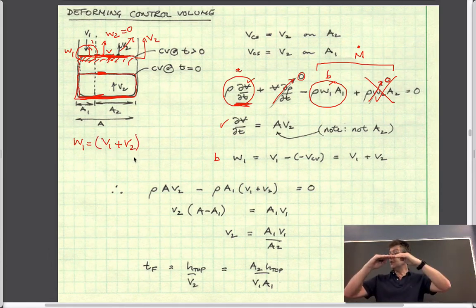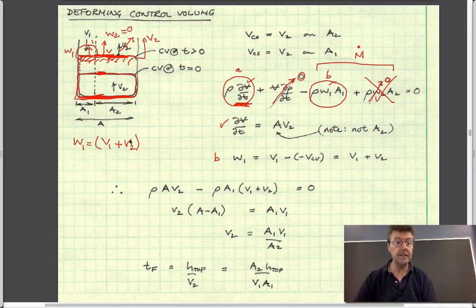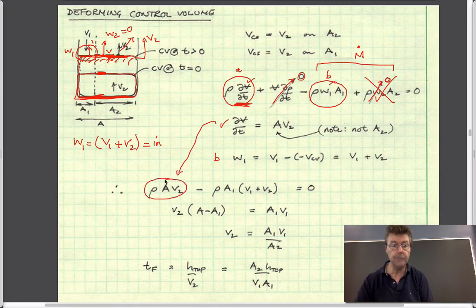By definition, we said that mass rate in is negative, mass rate out is positive. So if this is net in, then this has to be negative. And so when we do this accommodation, this is our rate of change of volume with time.